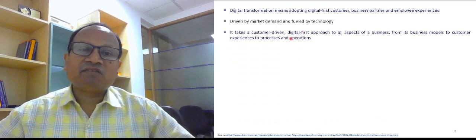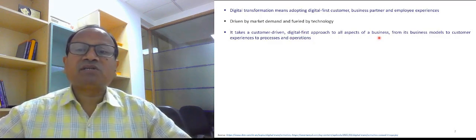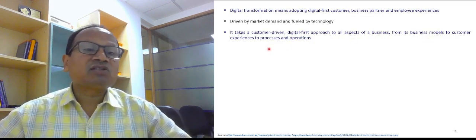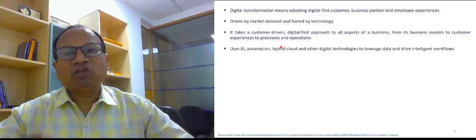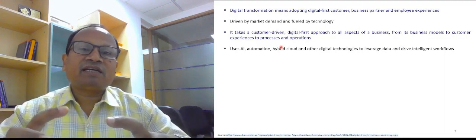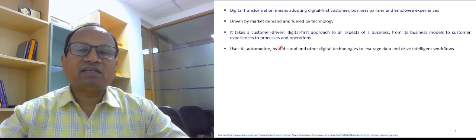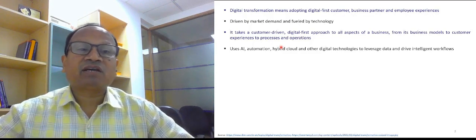It takes a customer-driven, digital-first approach to all aspects of business, from business models to customer experiences to processes and operations. All the processes in the operations integrate and combine, and then it becomes the organization. So this is complete digitalization of the organization.